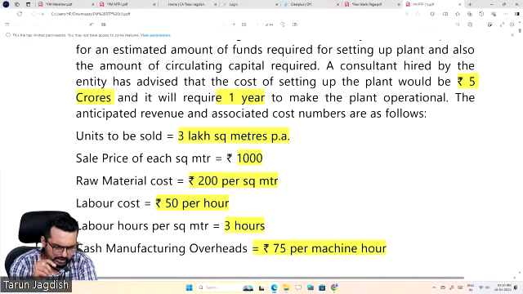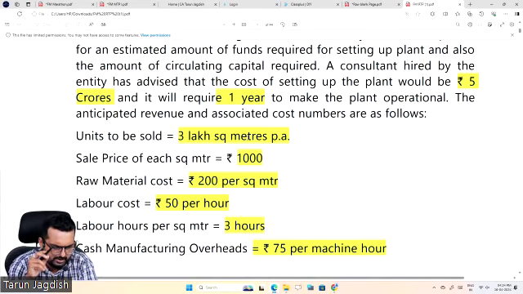Next point. Labor hours per square meter is also given. How much is the labor hours per square meter? 3 hours. Everyone tell me, did you get the answer as 3 hours over here? Okay, fine.